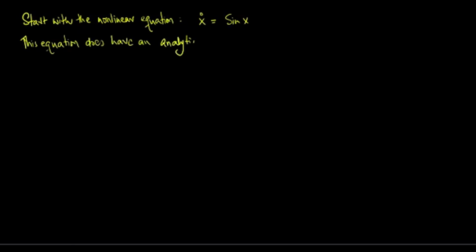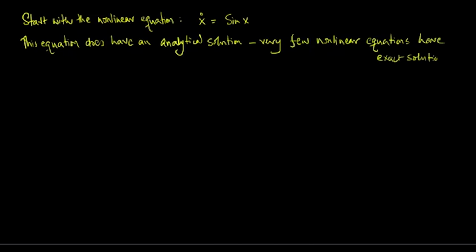Now let's start with the nonlinear equation x dot is equal to sine x. This equation does have an analytical solution, but very few nonlinear equations admit exact solutions. So to solve the equation, we separate the variables and then integrate.